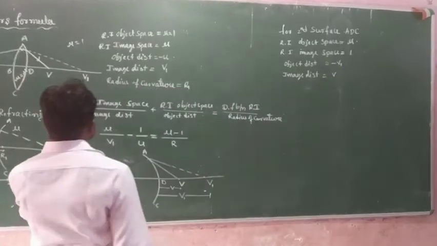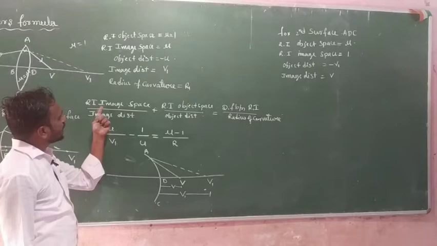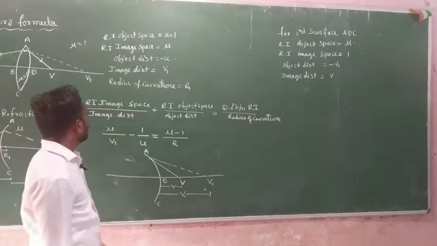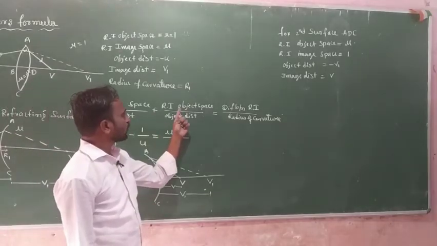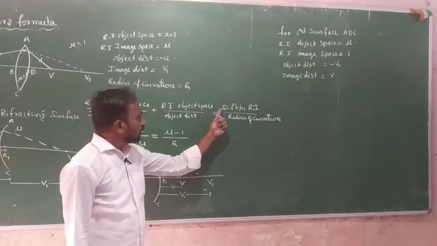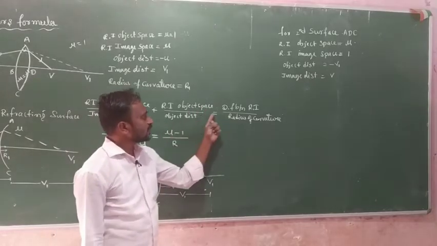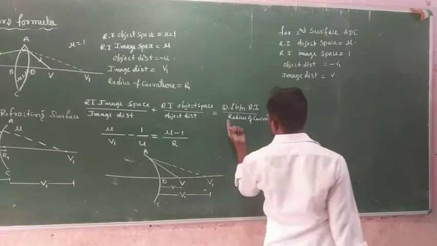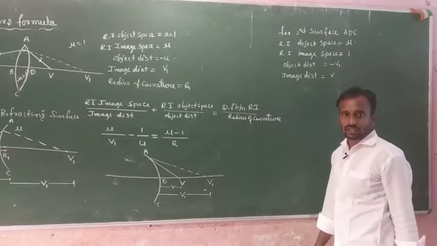Okay, so the general formula: refractive index of image space divided by image distance plus refractive index of object space divided by object distance is equal to the difference between refractive indices divided by the radius of curvature.